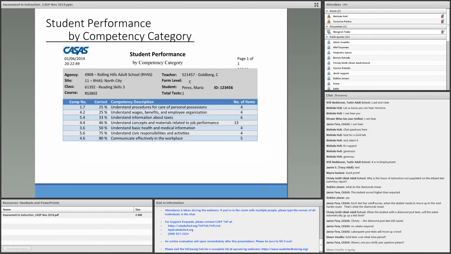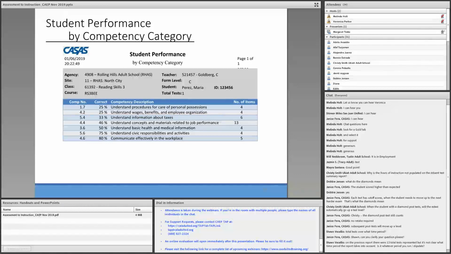This tells you what area under competency, and this summarizes it nicely. So you can show the student how many she got correct in a certain competency area. Understanding concepts and materials related to job performance was a big area. There were 13 items on this.